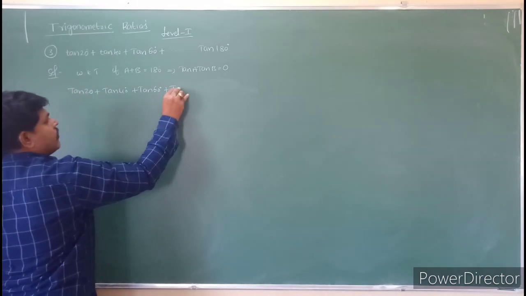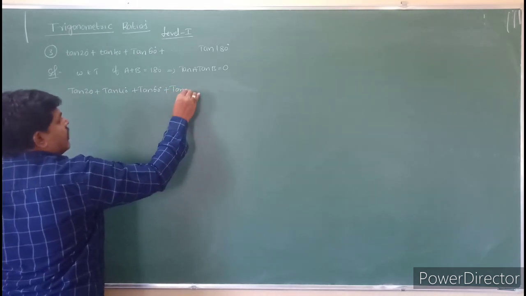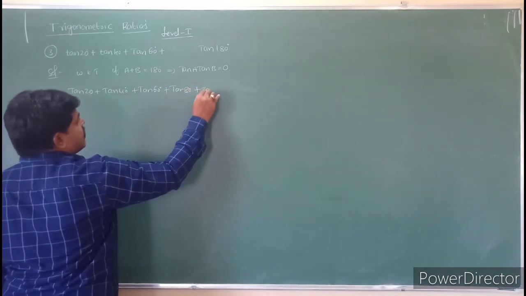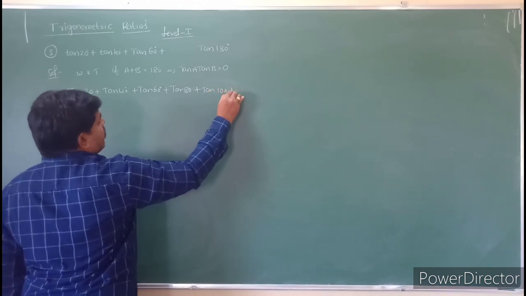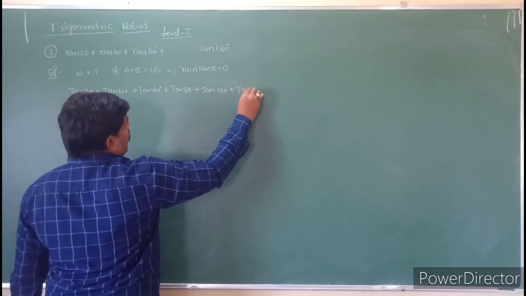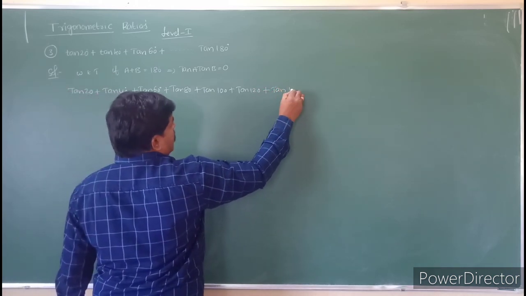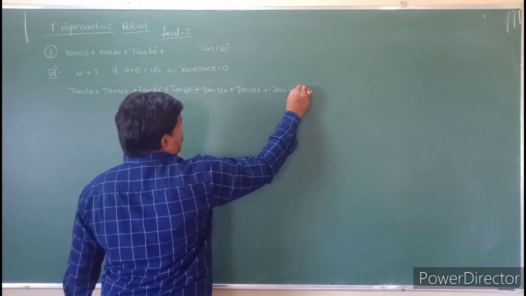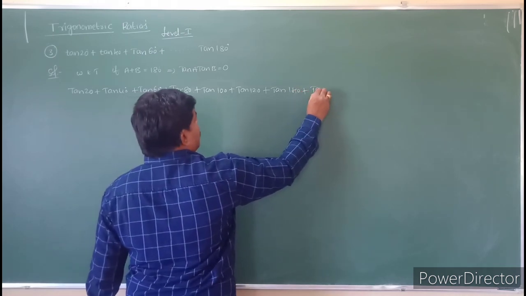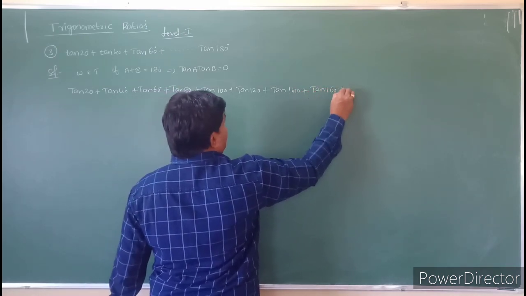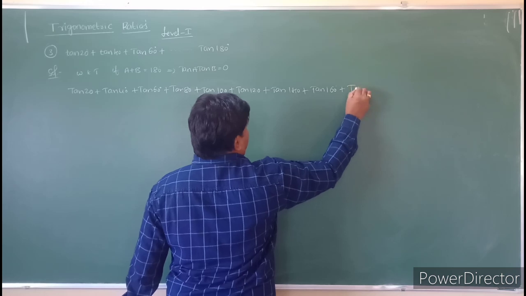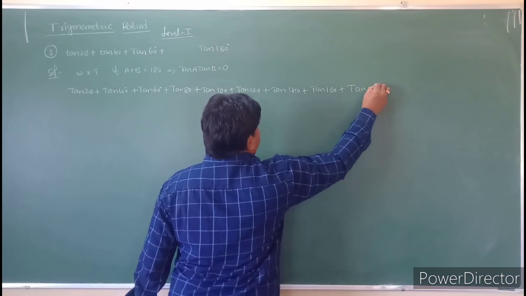So tan 80 degrees plus tan 100, next tan 120 plus tan 140 plus tan 160 plus tan 180 degrees.